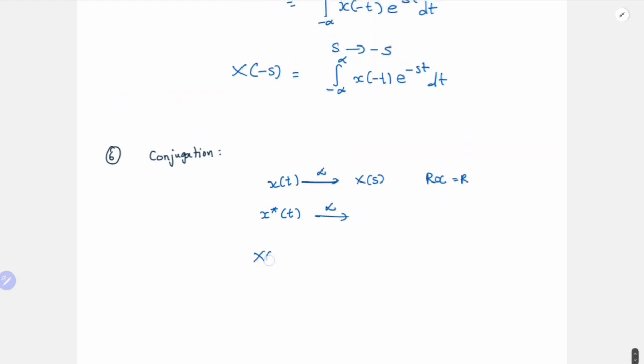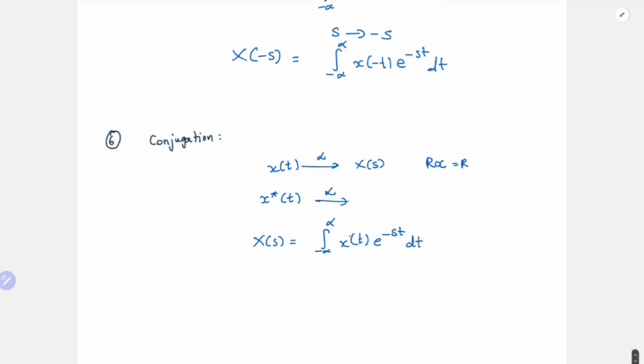So again, X of s is nothing but the integral of x of t e power minus st dt. Now to get the conjugate, I take the conjugate on both sides. So I'll get x star of t e power minus s star t. Because s is complex and t is real, t will not get affected.